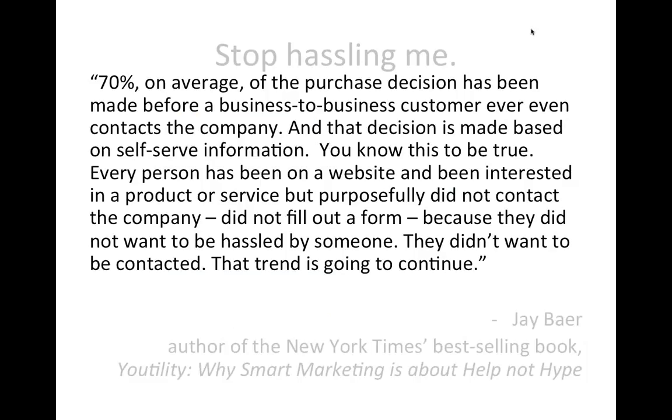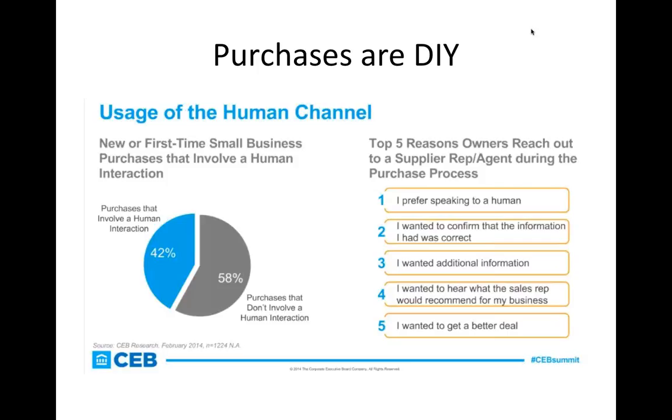Think about this within your own behavior. When you're trying to make a decision about a product or service, you often go online. That's where you do your research. And this is going to continue to happen. This is happening to the point that for many newer first-time small business purchases, 58% now don't involve human interaction at all.